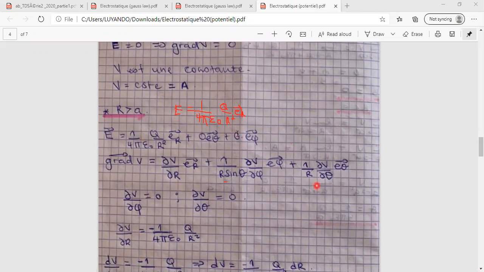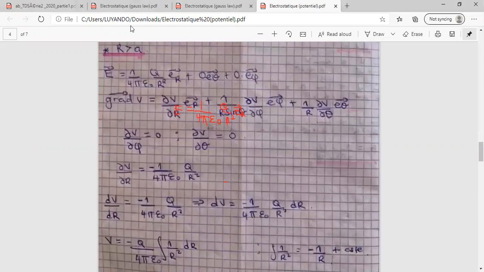From here, we're going to try to establish a relationship between dV and our field. My partial change dV over d phi is going to be equal to 0, as we mentioned, since there is nothing in the phi direction.